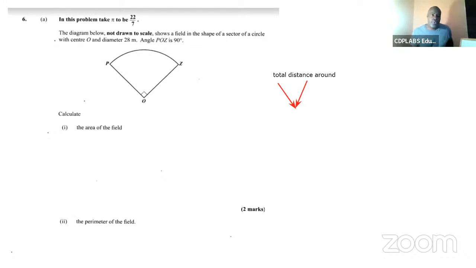Good. So this is 14 centimeters. And what is OZ? 14 as well. Do we know PZ? 154, sir.